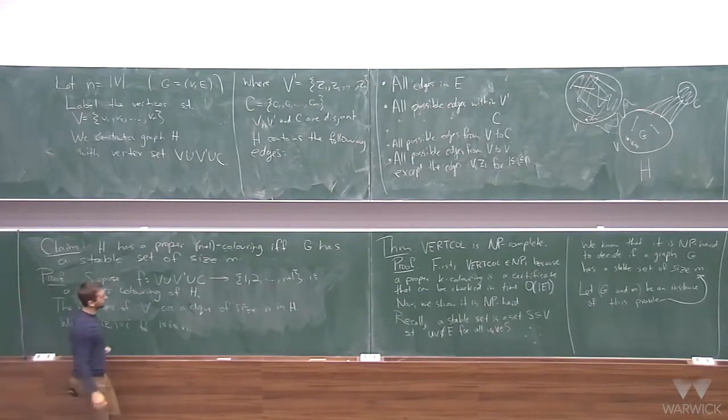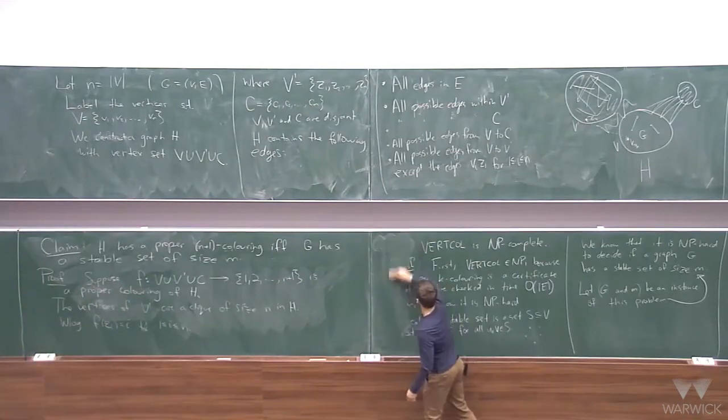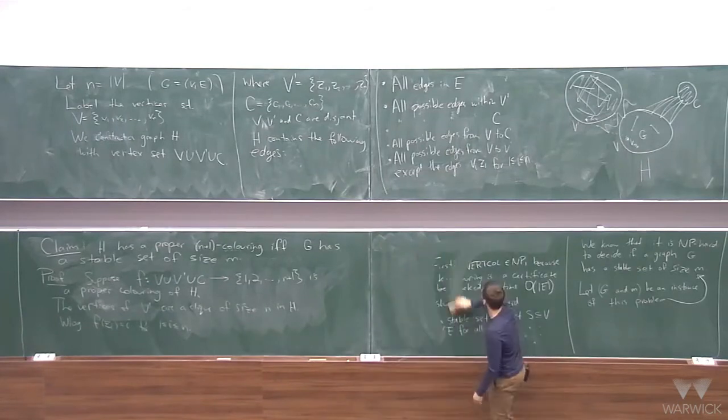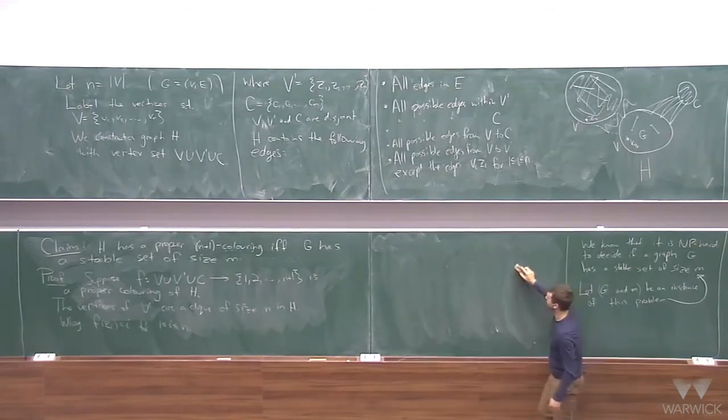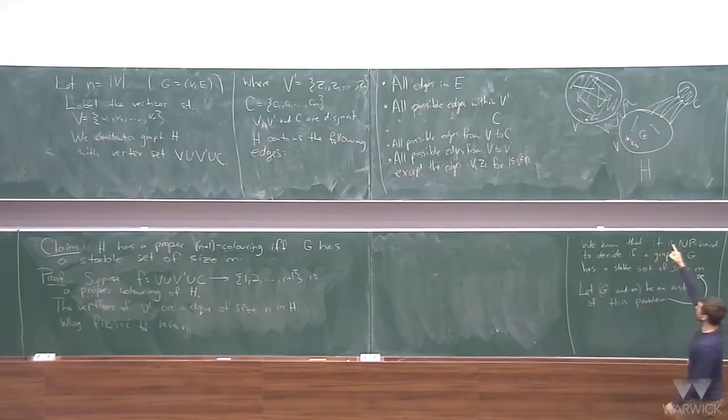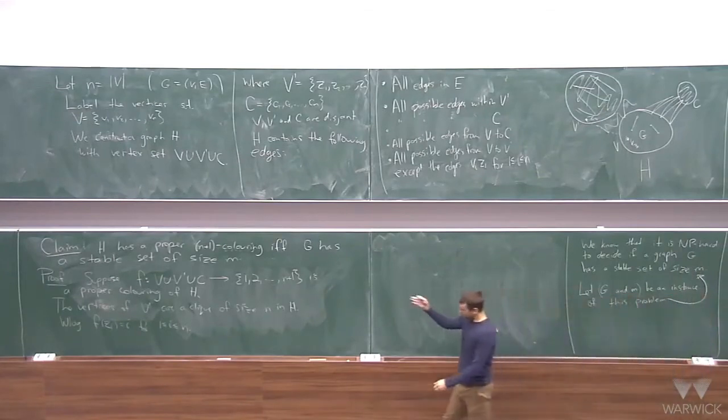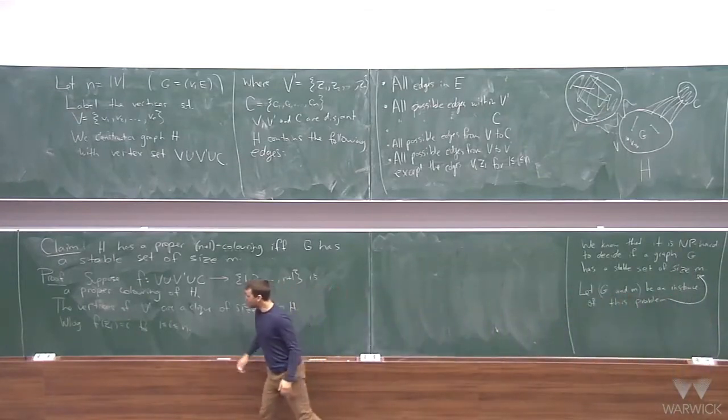But now, let's look at the vertices of G, or V, let's say. So remember how we define these edges, right? If I look at the vertex v_i and look at who it has edges to in V prime, it has an edge going to every single vertex of V prime except for the one which has the same index, right? And we know what color the vertices in V prime have.